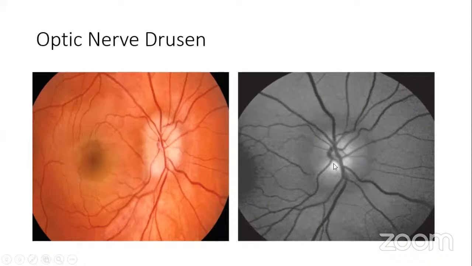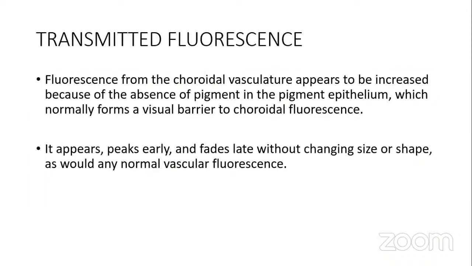There is no dye in them. The vessels are dark. Every other place is expected to be dark, but you have hyperfluorescence from here. So this is optic nerve head drusen. So when you see, you correlate. If there were dye within the vessels already, then you start thinking about something else. Okay. All right. So that's for that.